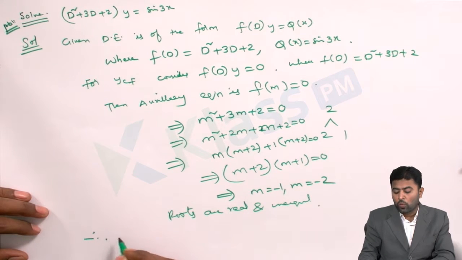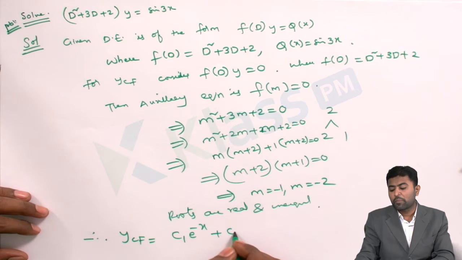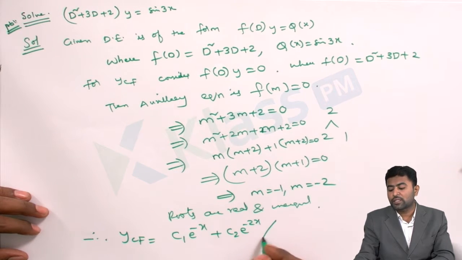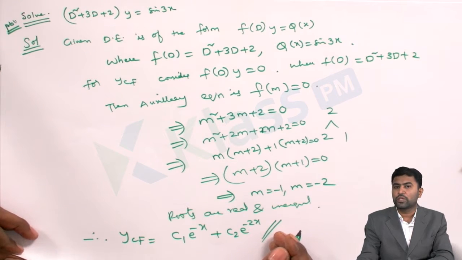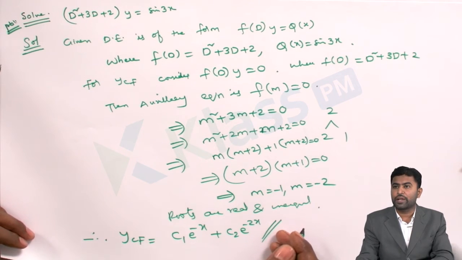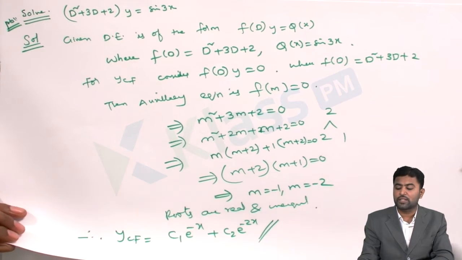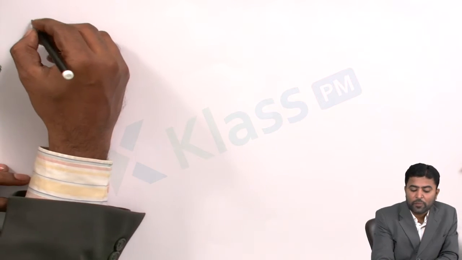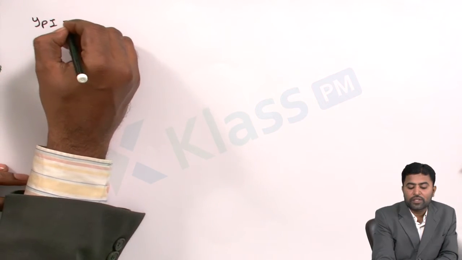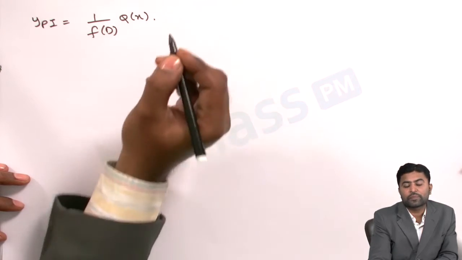So therefore YCF will be equal to C1 e power minus x plus C2 e power minus 2x. We got the roots as minus 1 and minus 2. So therefore they are real and unequal roots. So we get YCF as C1 e power minus x plus C2 e power minus 2x. Then we'll find YPI.